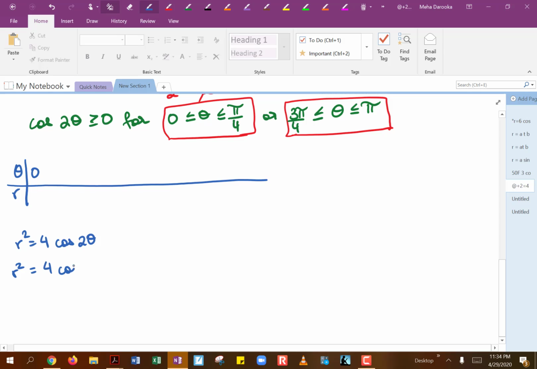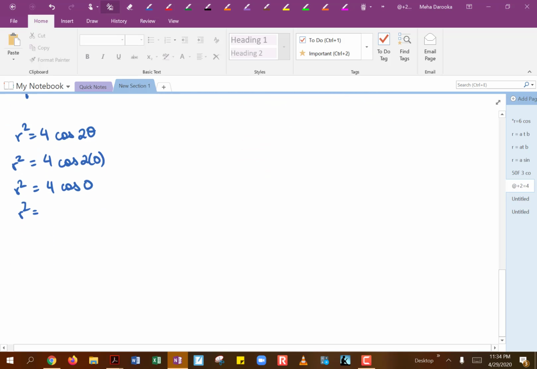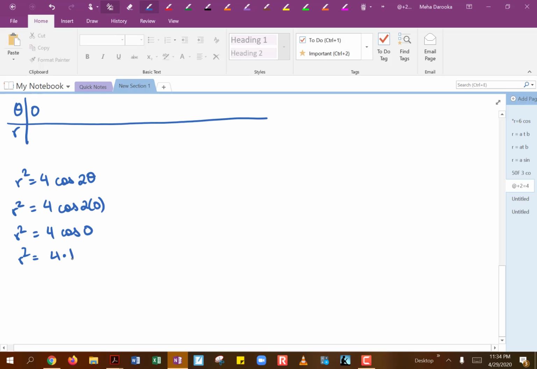So that's r squared equals 4 times cosine of 2 times 0, which is 4 cosine of 0, and remember again, cosine of 0 is 1, so you get r squared equals 4, and of course we are only looking for a single r, right, which means we don't want to leave it as r squared. So when you take a square root on both sides, you get a positive and a negative root, so we'll end up getting r equals plus or minus 2.